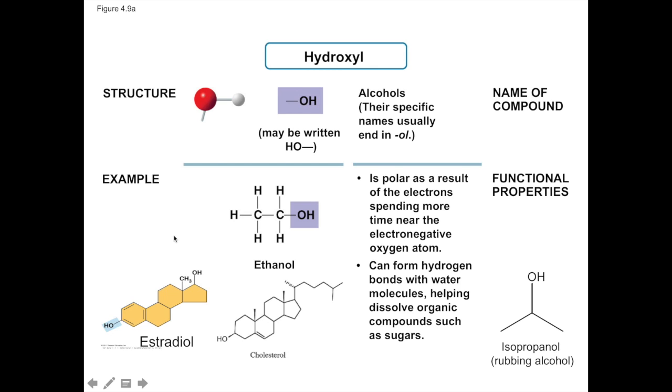So the alcohol that is in alcoholic beverages is ethanol. Not the simplest alcohol, but close to it. Here is ethanol. You can see here's that OH functional group, that hydroxyl functional group on the carbon skeleton.